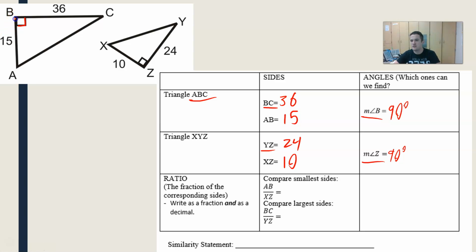So I have two sides on each of these triangles with an angle in between. That gives me an idea that I'm going to be using the side-angle-side similarity theorem. If these are going to be similar, I already know the angles are the same, which is good, but I need to check that the ratios of these corresponding sides are also the same. So let me compare the smallest sides and the largest sides.